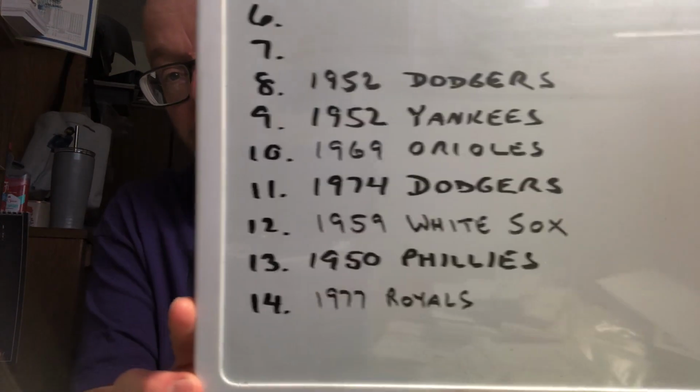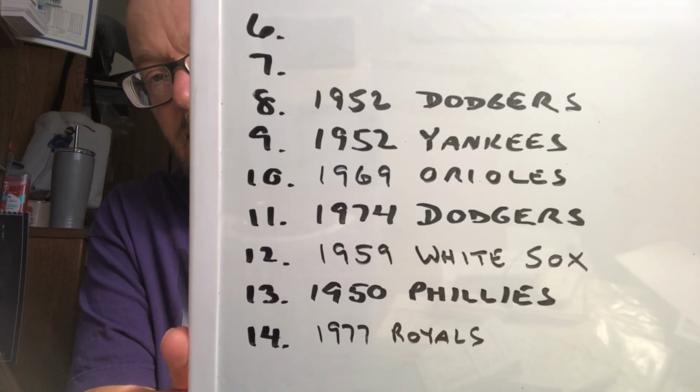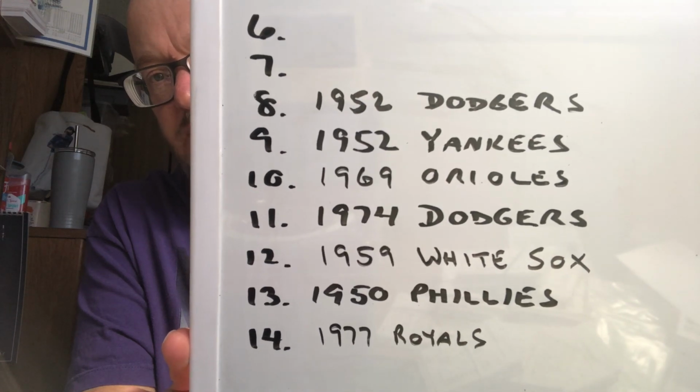So the 52 Dodgers, and Jackie Robinson was certainly at his peak. The 52 Dodgers are team number 8.